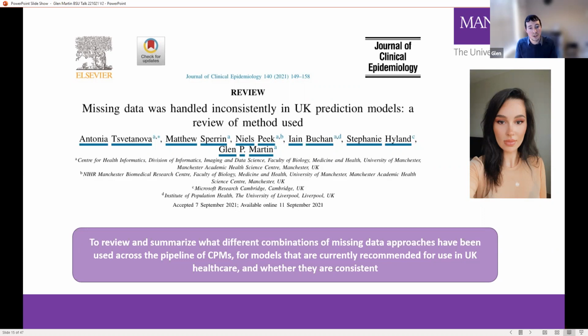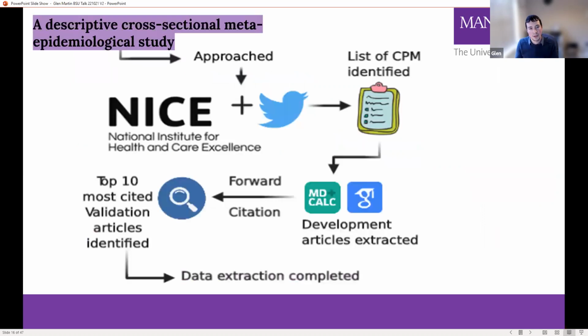So Antonia did a review to try and summarize different combinations that have actually been used in practice. To do that, she approached NICE, the National Institute for Health and Care Excellence, to get a list of prediction models that have been recommended in national guidelines.